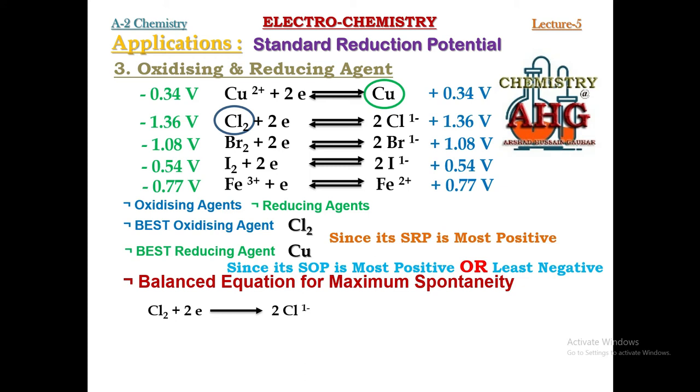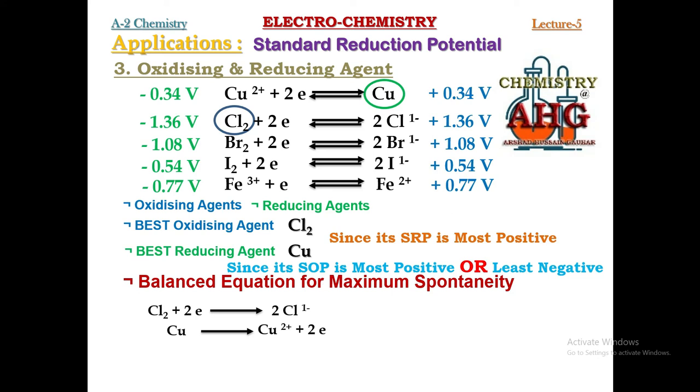Now remember that when you write the equation for the half cell which has become the anode, you will have to reverse the equation that is provided in the data booklet or in the question paper. With this copper half cell, since it is undergoing oxidation, its product will become reactant and its reactant will become product. So you start with Cu, it undergoes oxidation, it becomes Cu2+ plus 2 electrons.